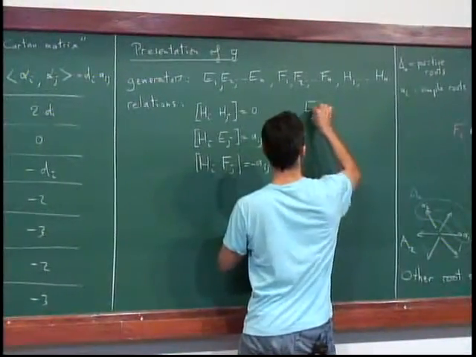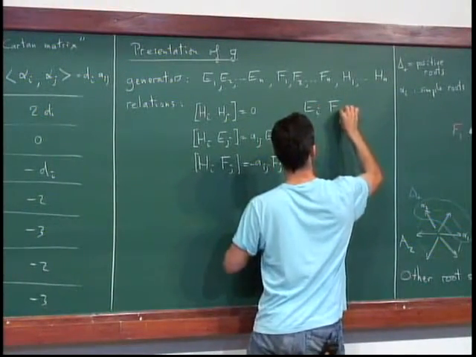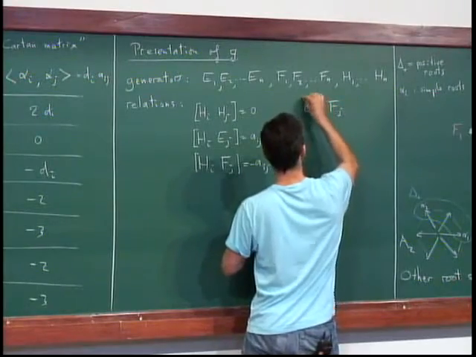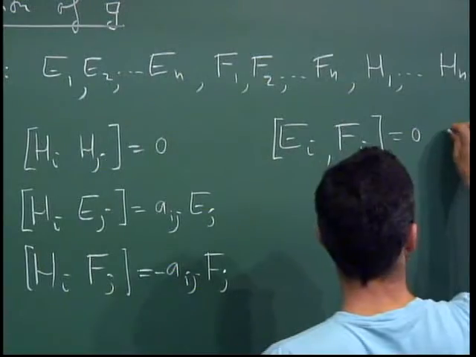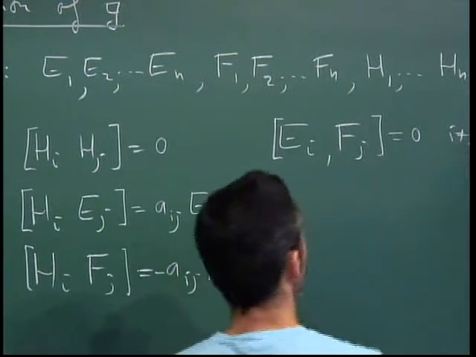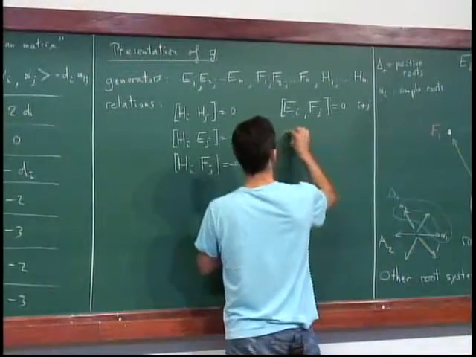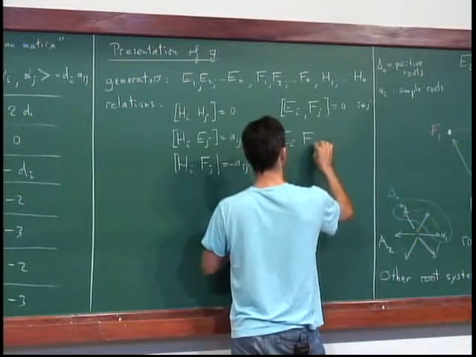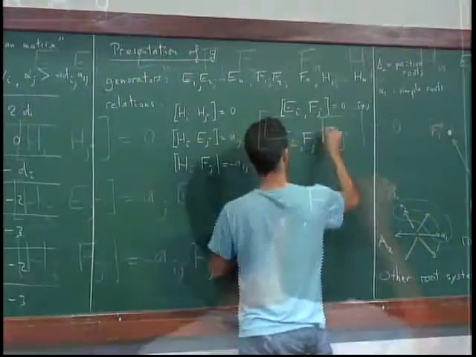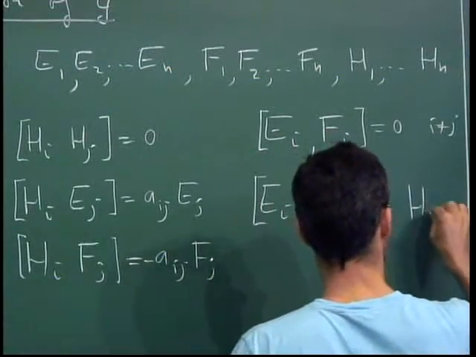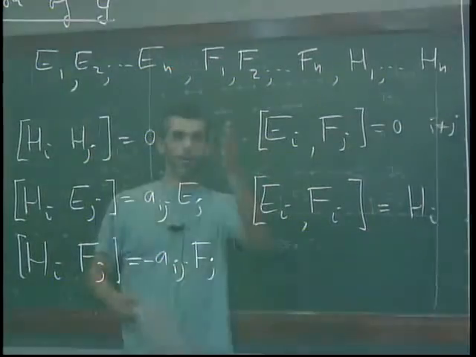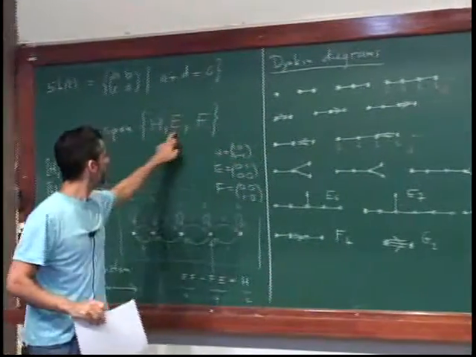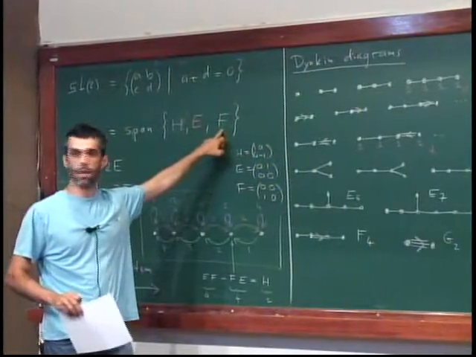Then we have [Ei, Fj] equals 0 when i is different from j. When i equals j, [Ei, Fi] is Hi. So for each i, the triple Hi, Ei, Fi forms a copy of SL2.